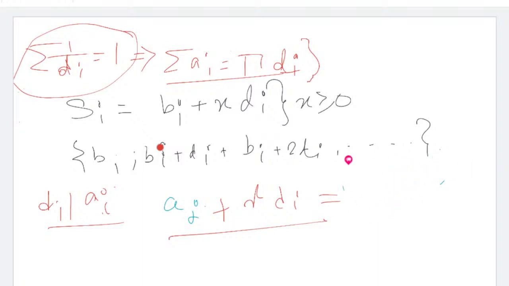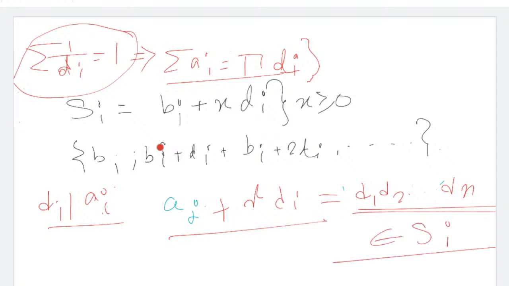So if di divides ai, you also know that d1, d2, up till dn must belong to that Si, right? Which Si? Suppose, if possible, some Si contains all the ais.